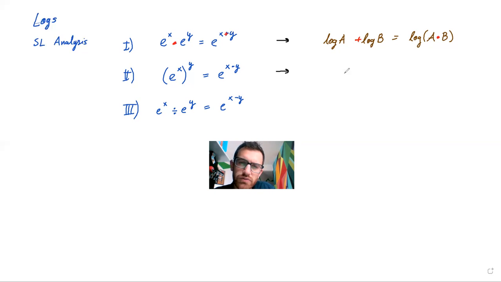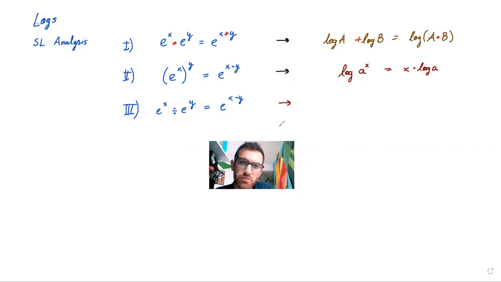Now here you can do something like log of, let's say, a to the power of x. So this can be converted into x times the log of a. Because here it's a power to a power, you can multiply the exponents, right? x is sort of an exponent and log of a is sort of another exponent.